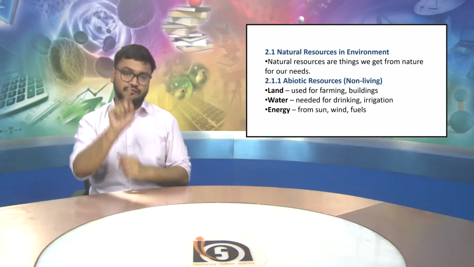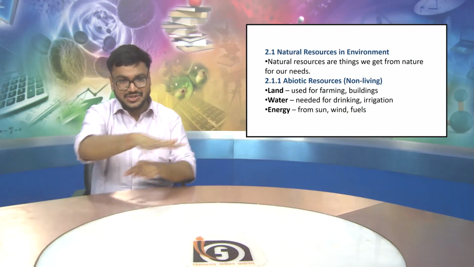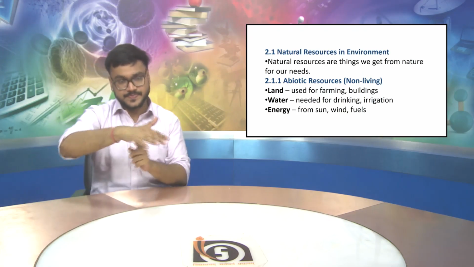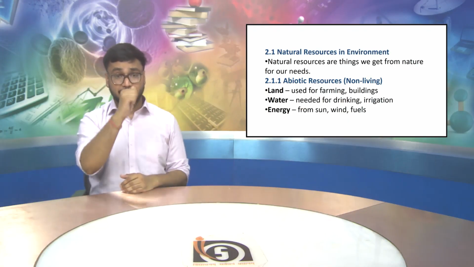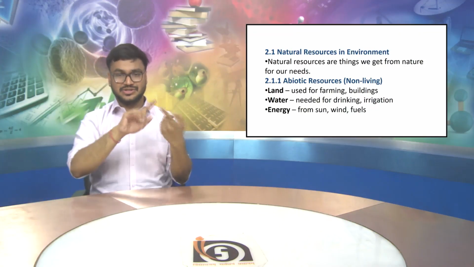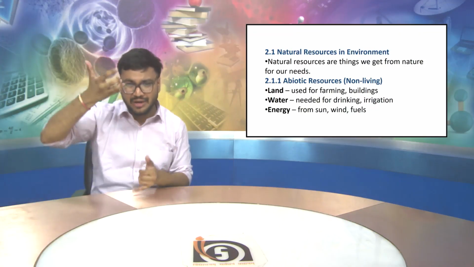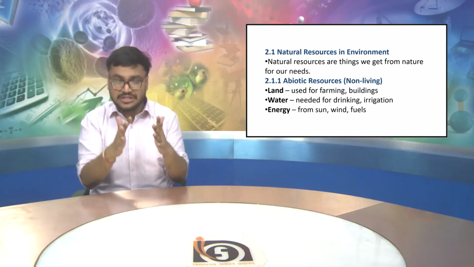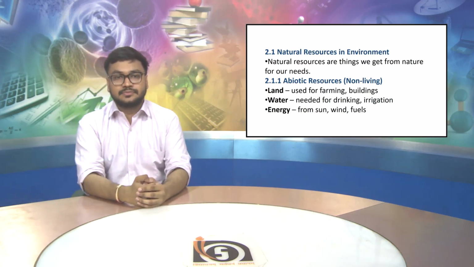Second, we learned about abiotic resources, which are non-living things like land, water and energy. Land is used for farming and buildings. Water is needed for drinking and irrigation, and energy we get from sun, wind and fuels.